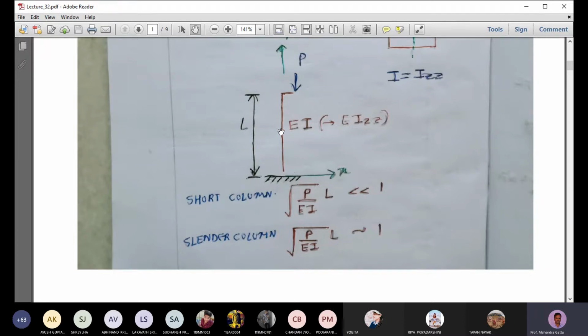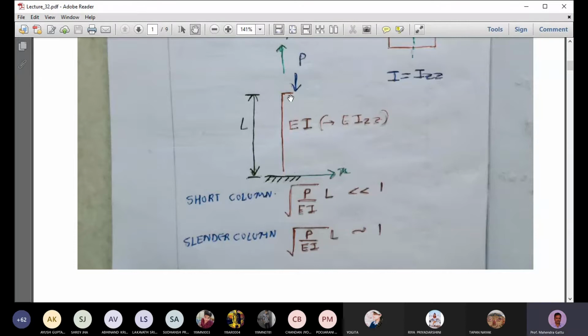Okay, so there are some terms called short column and long column. For a short column, the expression square root of P by A L is very small compared to 1, and for a slender column, square root of P by A L is comparable to 1. So in a short column, due to this applied load, there will be some bending and some compression.